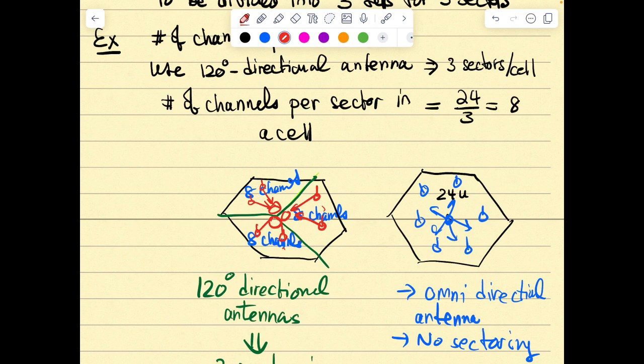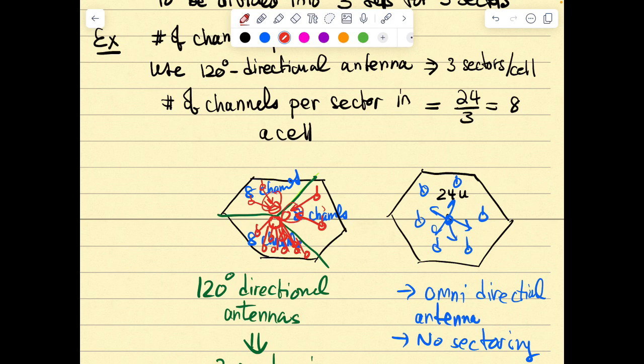But if there are more users in a particular sector, maybe there's some event going on and people gather in that area, then you see that the sector that has only 8 channels won't be able to connect everyone, although the other sectors are free.